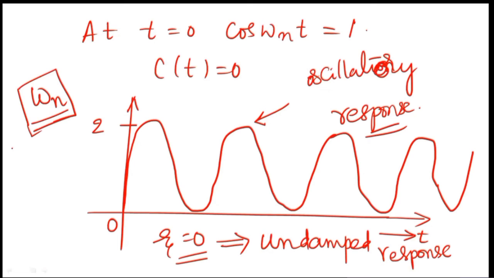So this is what we call the second order system response. If we combine these two, then what happens? As the zeta value is increasing from 0 to 1, the magnitude of these oscillations will decrease and the response will become overdamped. Here I am drawing the C of t value.